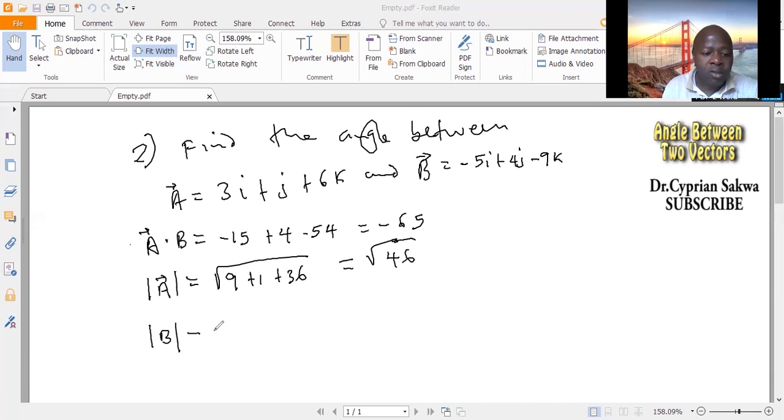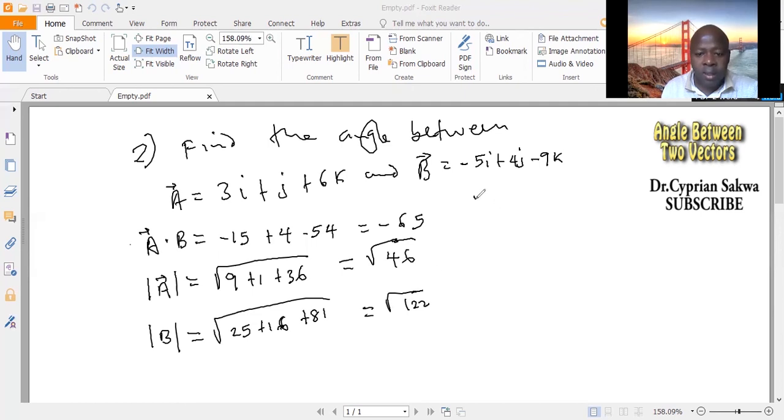The magnitude of B is the square root of 25 plus 16 plus 81: 5 squared is 25, 4 squared is 16, and 9 squared is 81. This gives me the square root of 122.